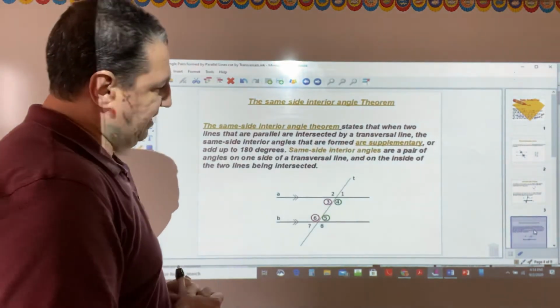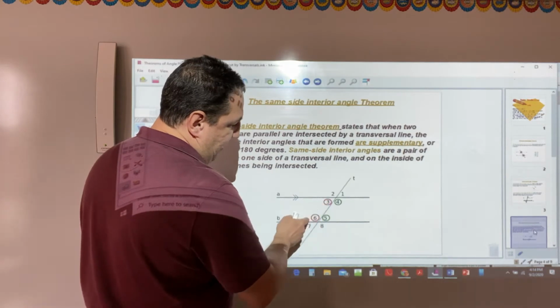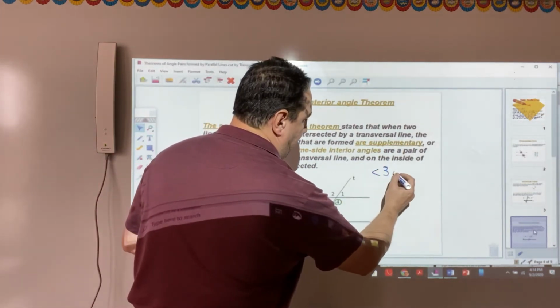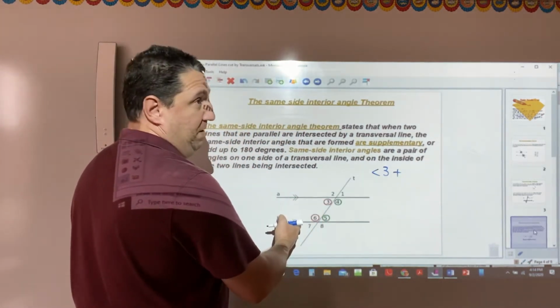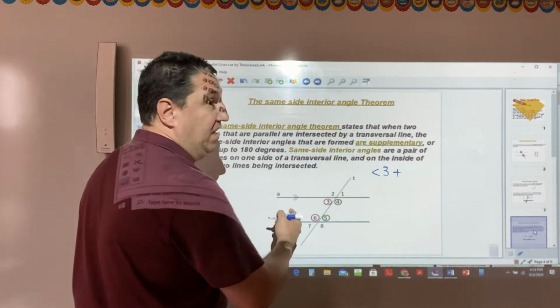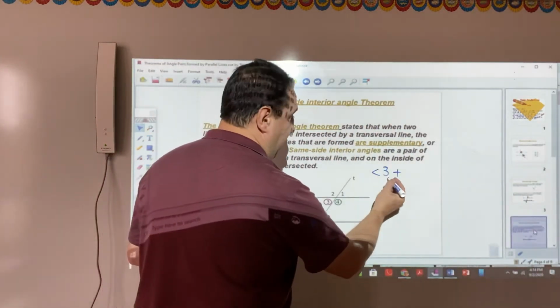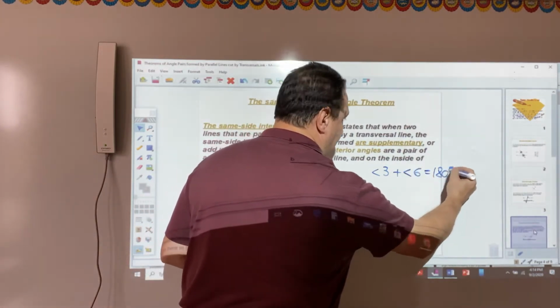For example, angles 3 and 6 are same side interior, which means they are supplementary. Supplementary means they add up to 180. So angle 3 plus angle 6 equals 180 degrees.